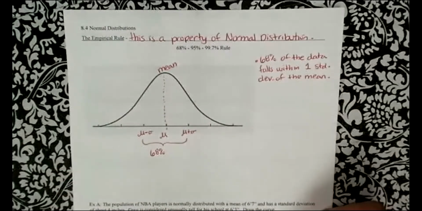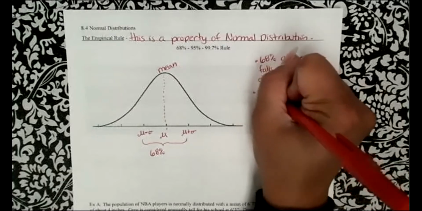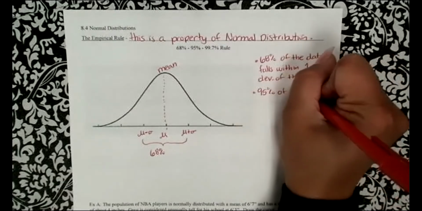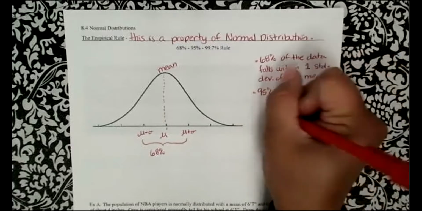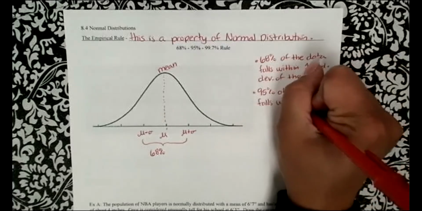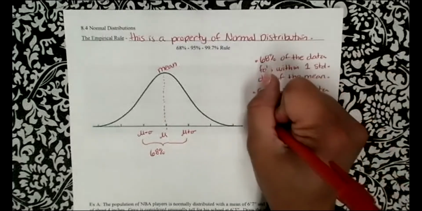The 95 represents 95% of the data falls within two standard deviations of the mean.